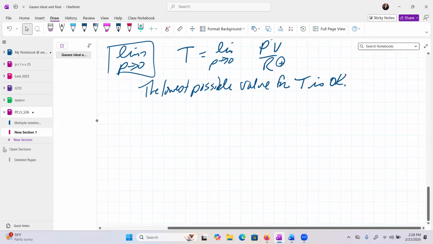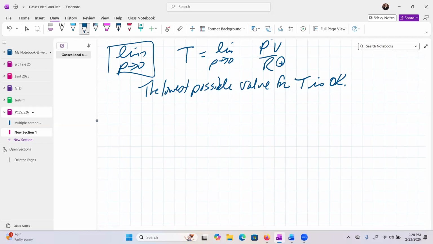All right, next thing we need to do is establish the unit size of 1 Kelvin. We may be aware that the unit size of 1 Kelvin is the same as 1 degree Celsius. How to establish the unit size of 1 Kelvin?